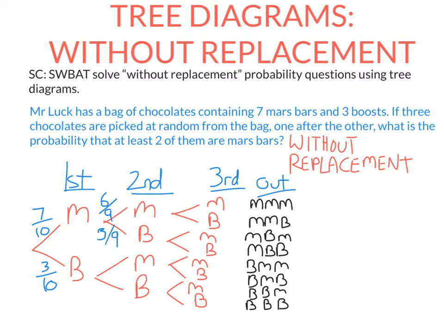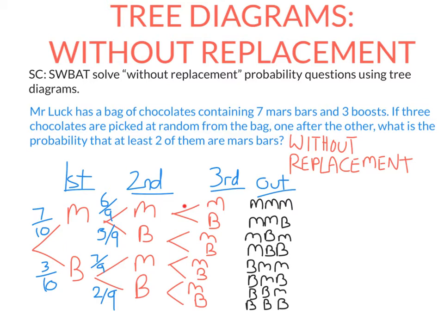So these probabilities are different than what was on the tree diagram for the second stage last time. Similarly, if I pick a Boost the first go, then there will still be 7 Mars bars left in the bag, but there'll only be 9 chocolates, so only 2 Boosts left. When you're doing this, make sure that the probabilities at each stage add to 1. Here, they add to 1, add to 1, so we know we've done something right.